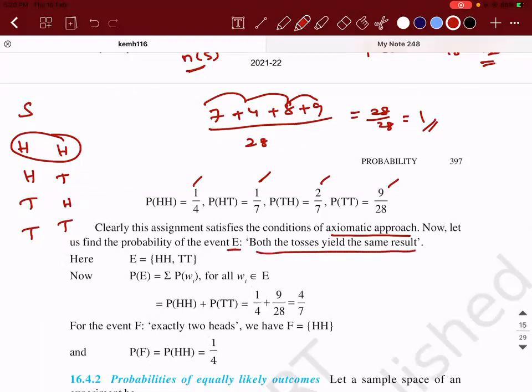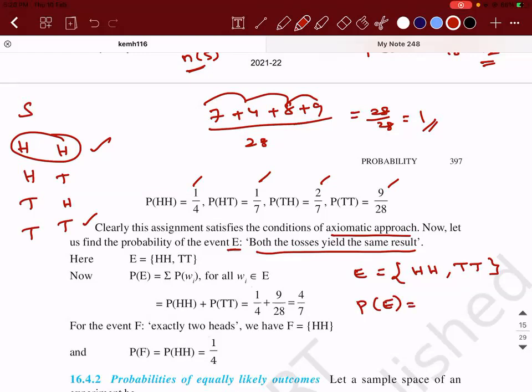same result. So both the tosses yield the same result means both should be head or both should be tail. So E will be head head or tail tail. Okay. So what is the probability of event E to happen? Now what are you supposed to do?